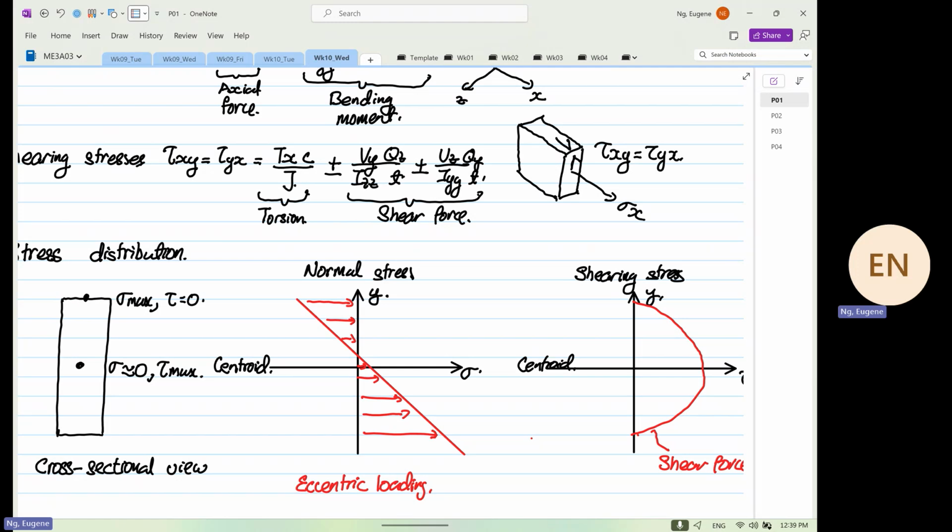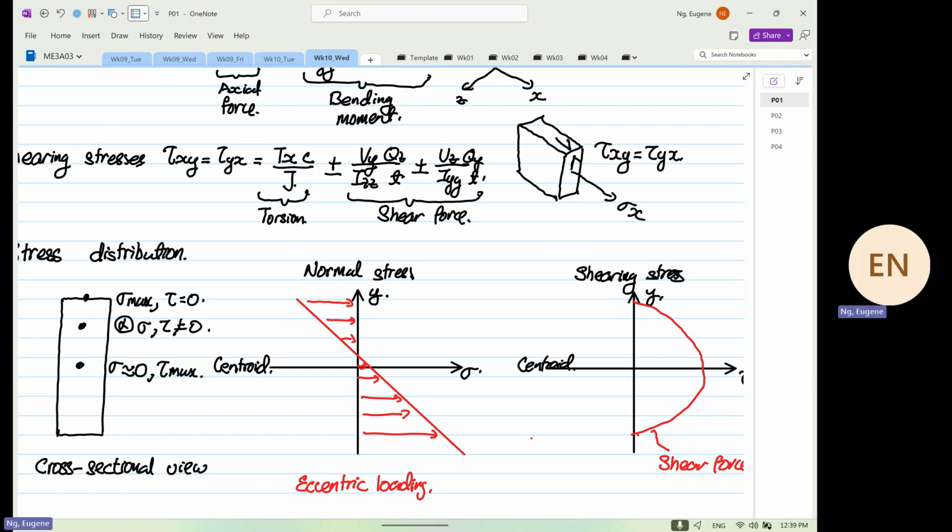Are we clear? Okay, because this is important. Because at some points which we will pick, the normal stress is equal to 0 and the shear stress will be at its maximum, or sometimes it can be at point alpha. We know that normal stress and shear stress are not equal to what? Not equal to 0.